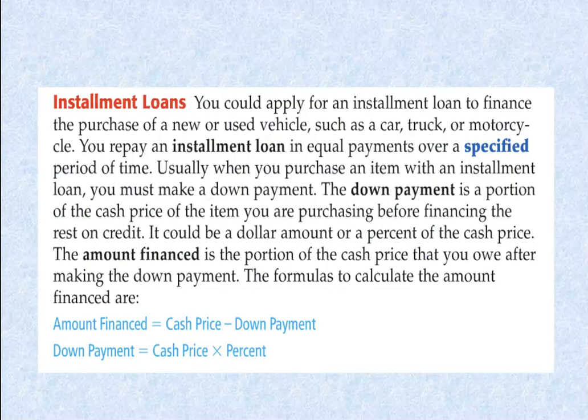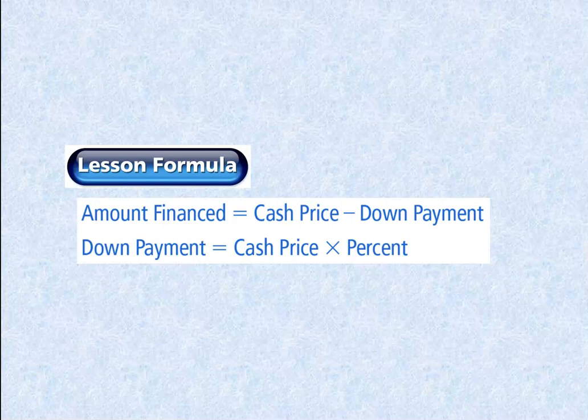So, we already talked a little bit about installment loans, but there are two formulas. You need to write this in yours. Cash price subtract down payment equals the amount financed, and the down payment is the cash price times the percent.